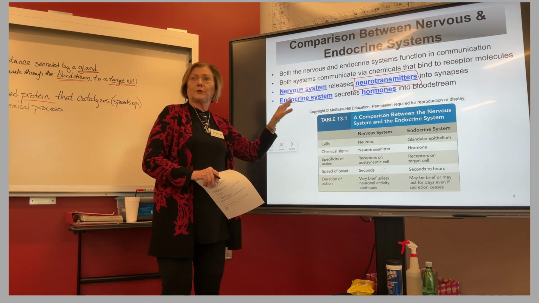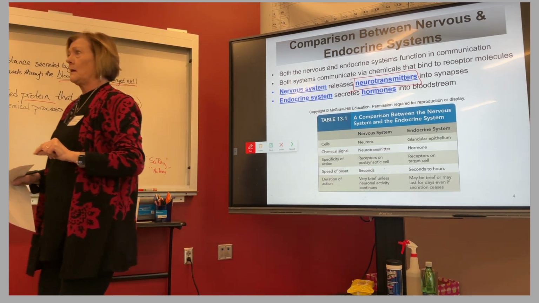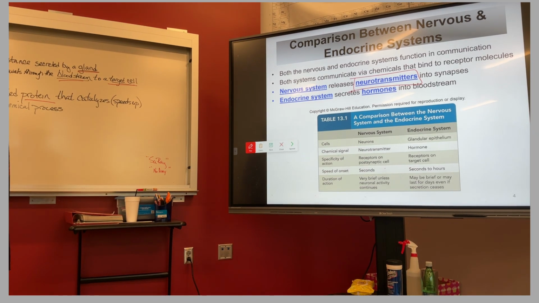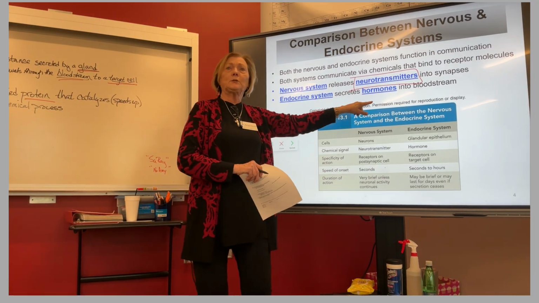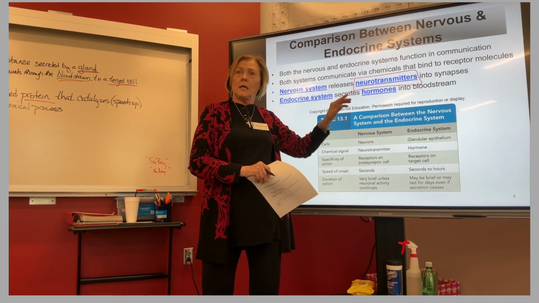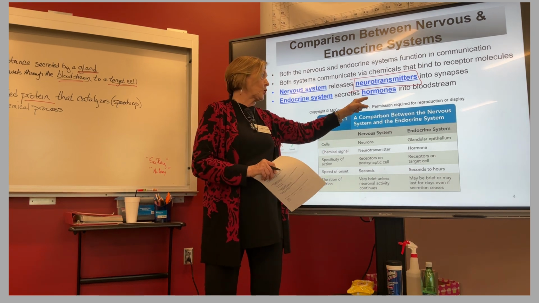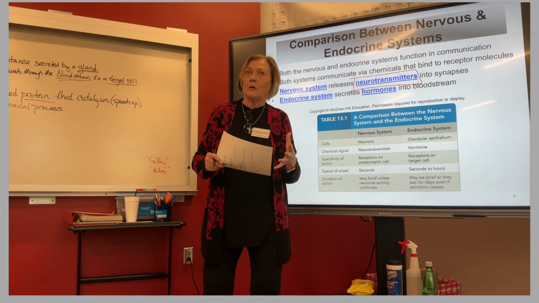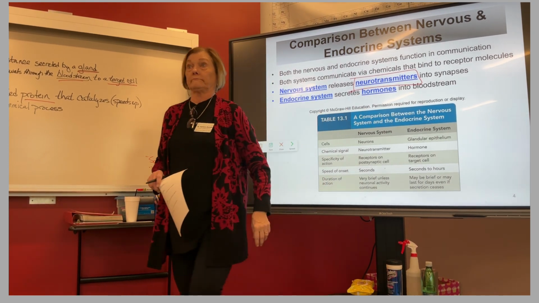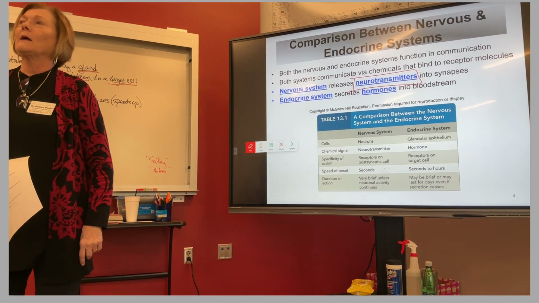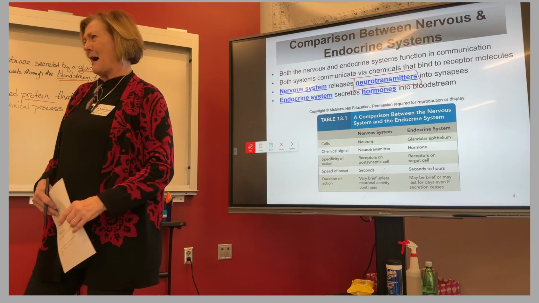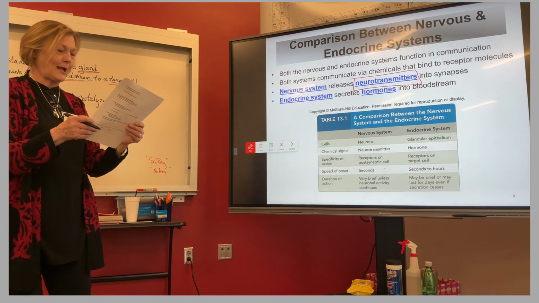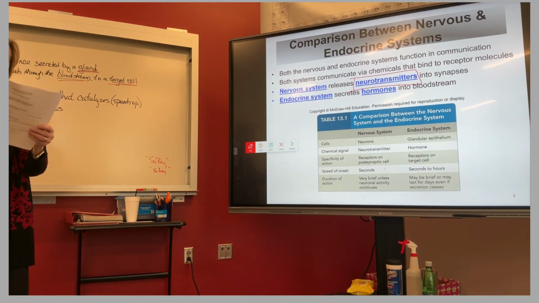Now, the nervous system, the endocrine system, is going to secrete its messenger, its biochemical messenger, its signal is called a hormone. Where's it going? Bloodstream. Yeah! Y'all redeemed yourself. Okay, so now look.